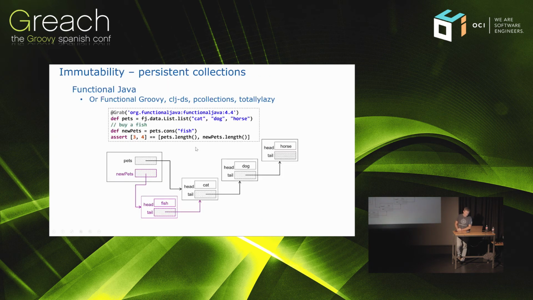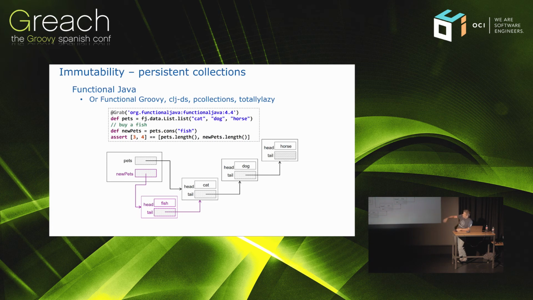So let's have a look at some of the kinds of things that can go on here. I've got a pets object, and it's got 3 things in it. I want to buy a fish, and I'm going to add that to it. It turns out I can use this persistent idea, and I can get basically 2 collections for the price of 1.